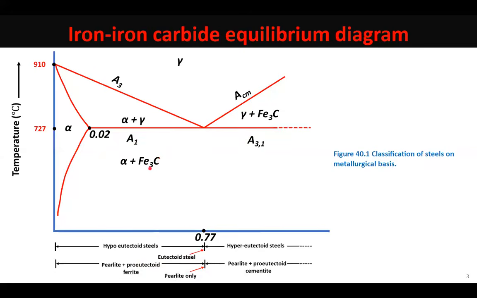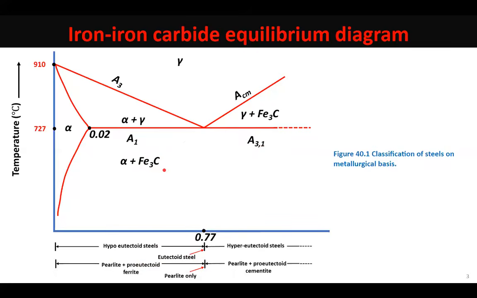Some of that ferrite plus cementite is perlite, and in case of hypoeutectoid steels, in addition to perlite, we have proeutectoid ferrite, and in case of hypereutectoid steels, in addition to that perlite, we have proeutectoid cementite, and in case of an exactly eutectoid steel, we only have ferrite and cementite, which all has come through the eutectoid reaction. So all ferrite is eutectoid ferrite and all cementite is eutectoid cementite.